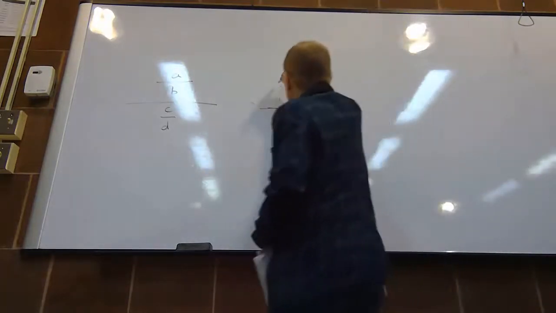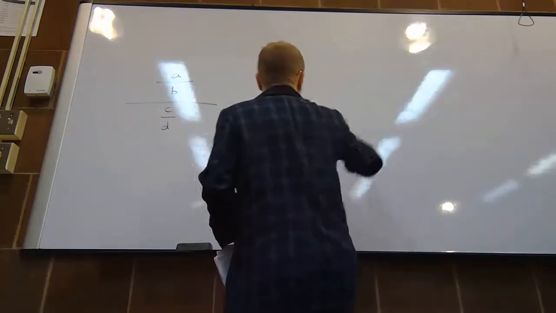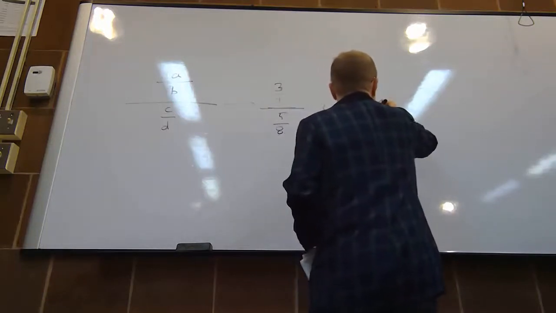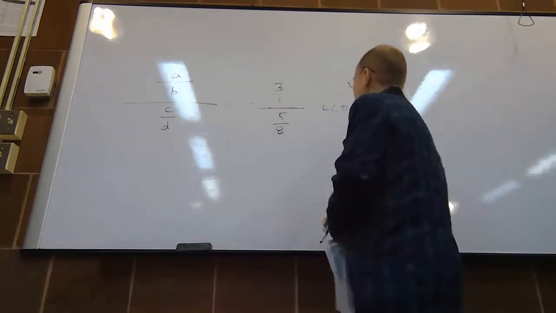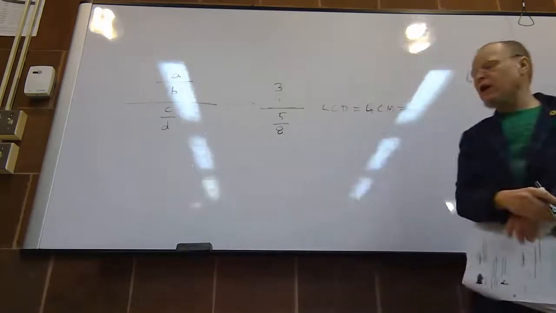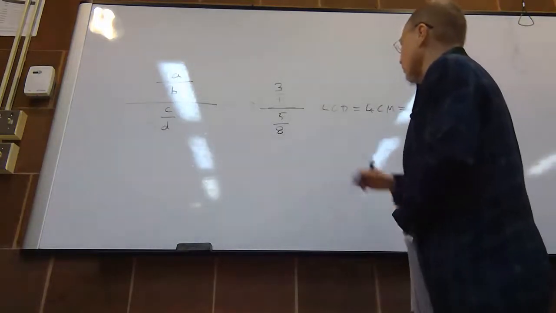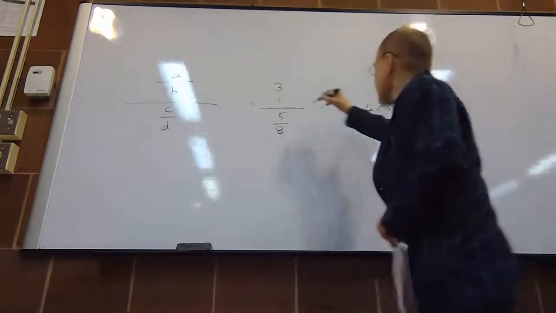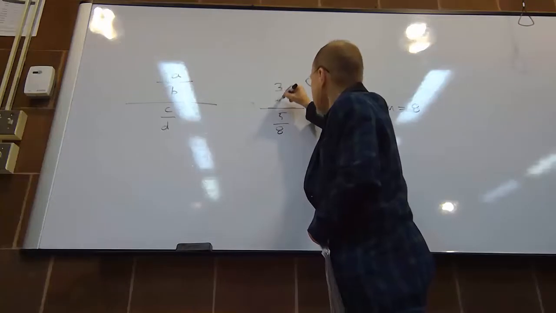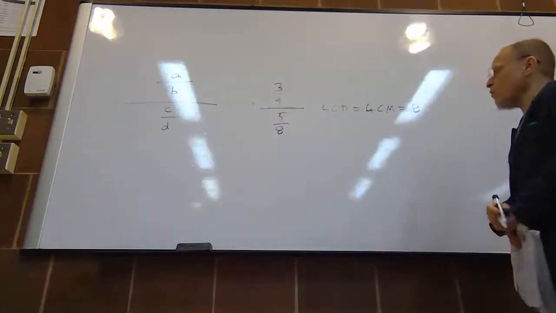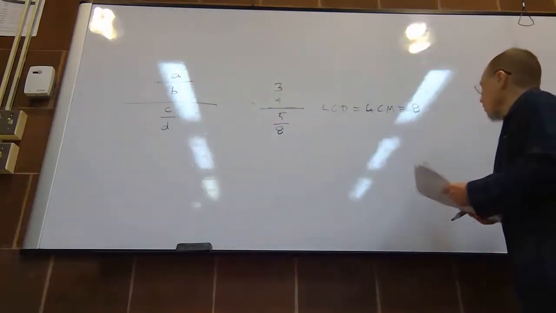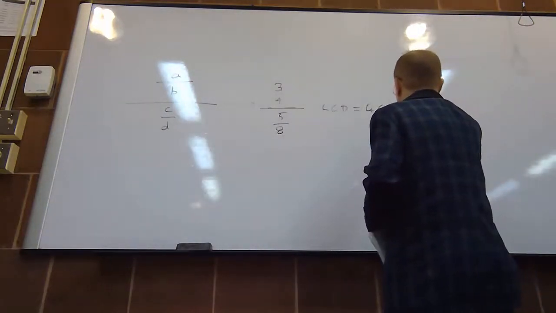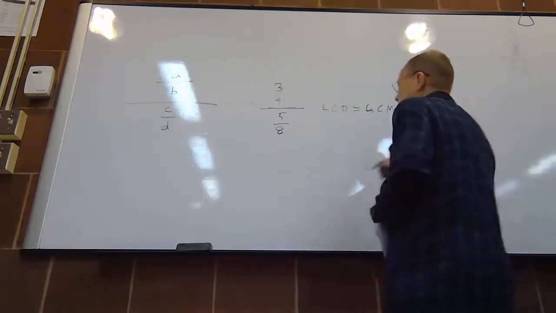So one way to do this is to look for the lowest common denominator or greatest common multiple. And in this case, the lowest common denominator is 8. So now what we're going to do is multiply both the top and the bottom by 8 over 1.